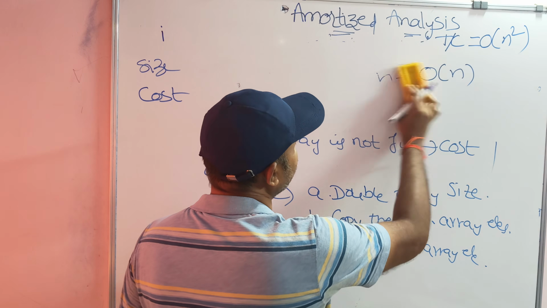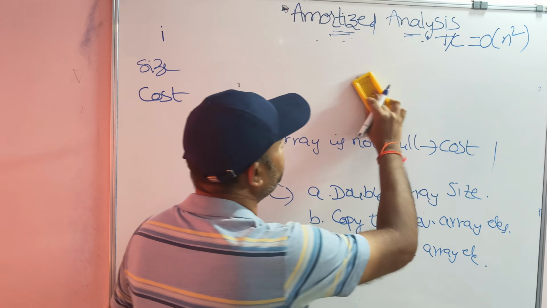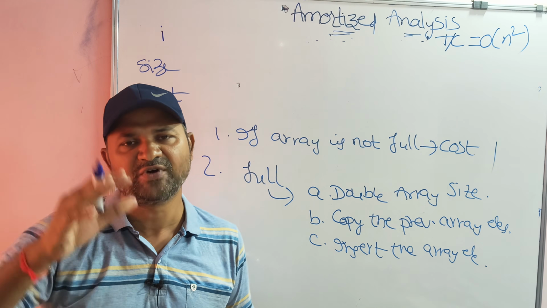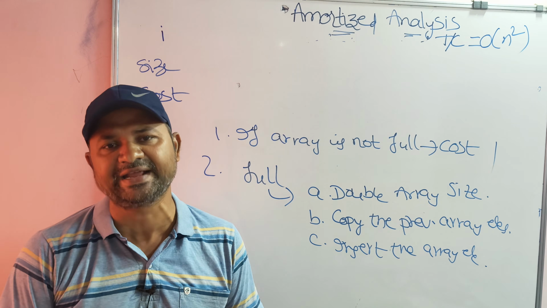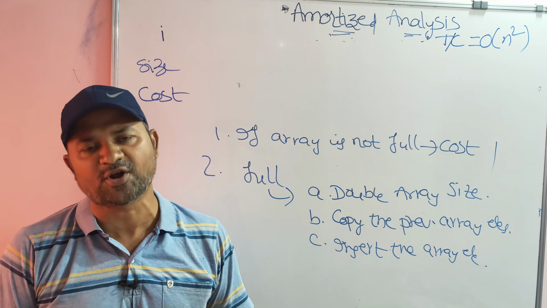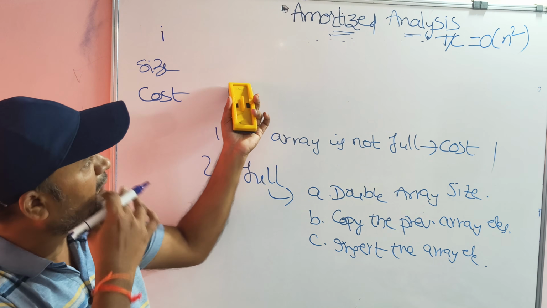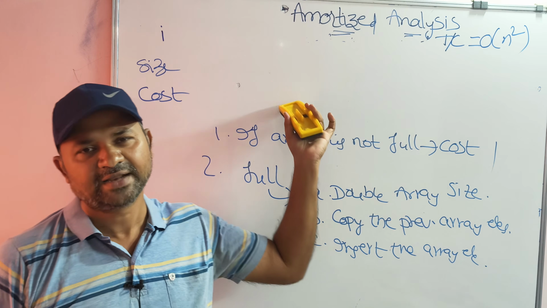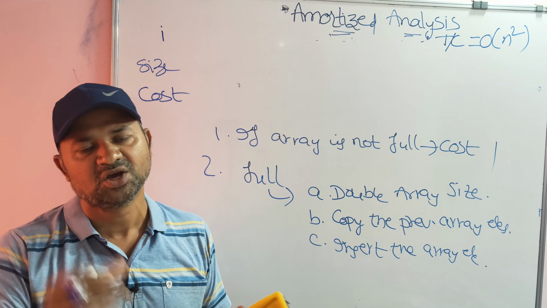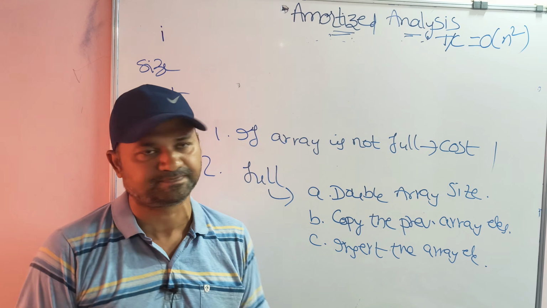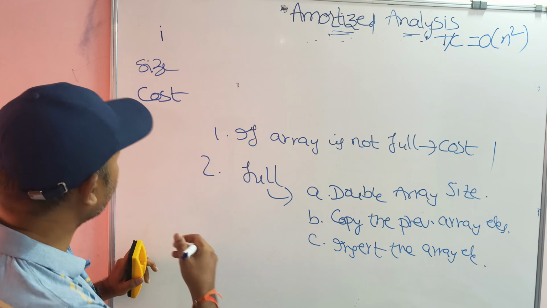So order of n square is the time complexity for a dynamic array. With the help of amortized analysis and the first technique, aggregate analysis, we are trying to reduce the cost. So let us perform it now.